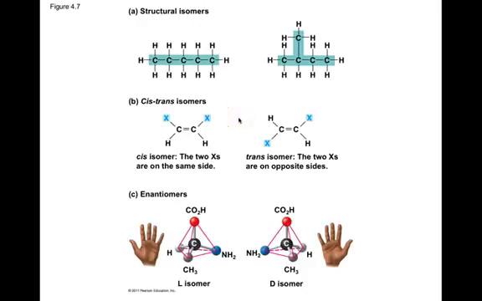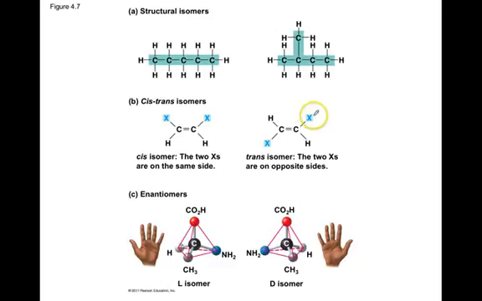Coming to cis-trans isomers, they have a carbon skeleton which has a double bond, and around this carbon skeleton the molecules or elements that are attached to it, if they are on the same side of the carbon skeleton, then they are called cis isomers.